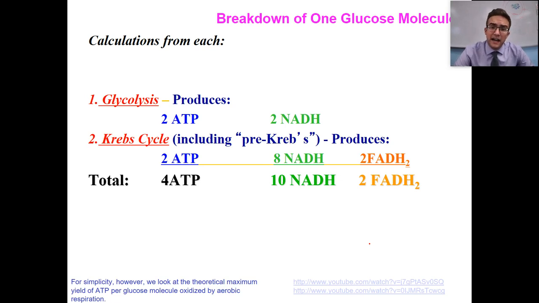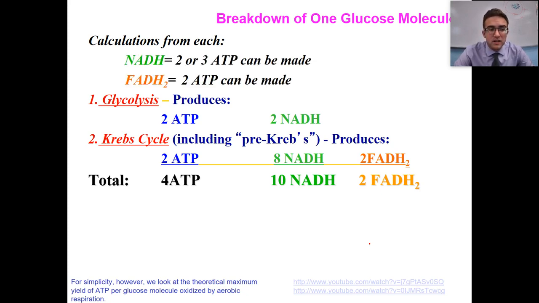So now the NADs and the FADs move into the electron transport chain. But how much energy, or how much ATP does each NAD or FAD make? Well, NAD can make 2 or 3 ATP. FAD can make 2. So FAD is slightly worse than NAD.